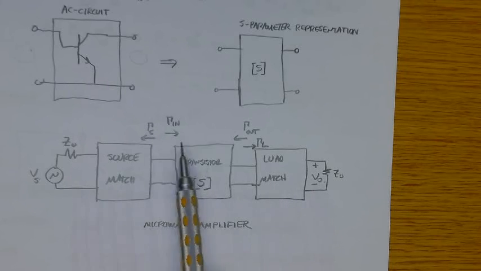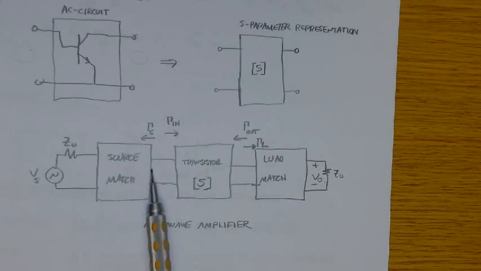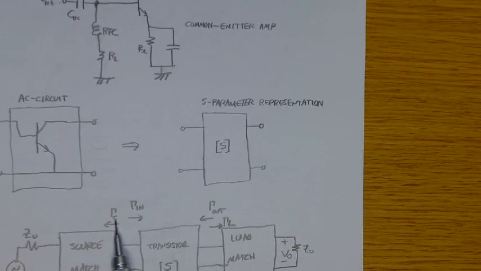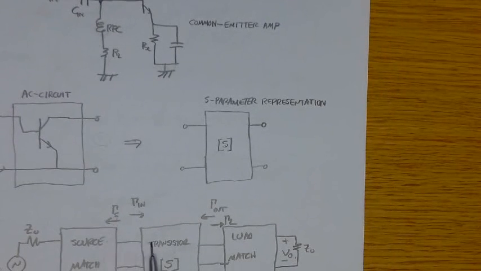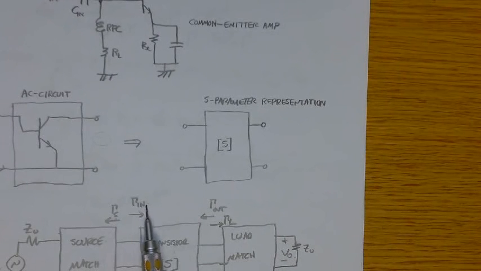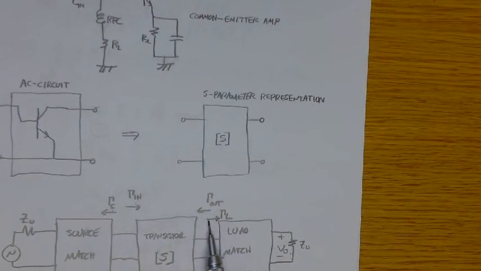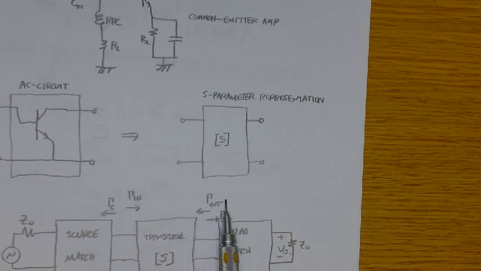Note here that looking into the source matching network is gamma sub S. Looking into the transistor is gamma in, or S11. Looking into the output of the transistor is gamma out, or S22, and then looking into the load matching network, gamma load.